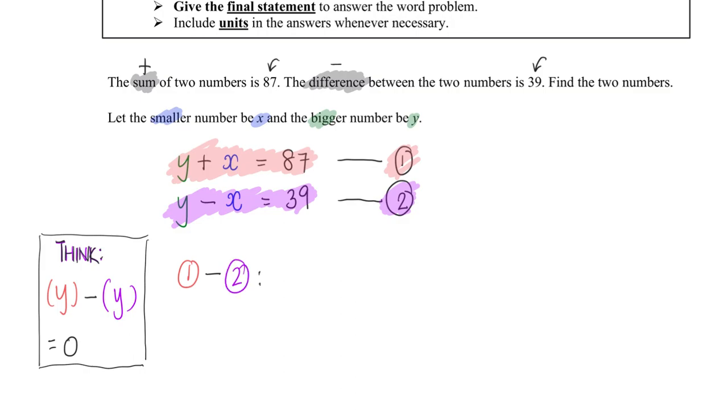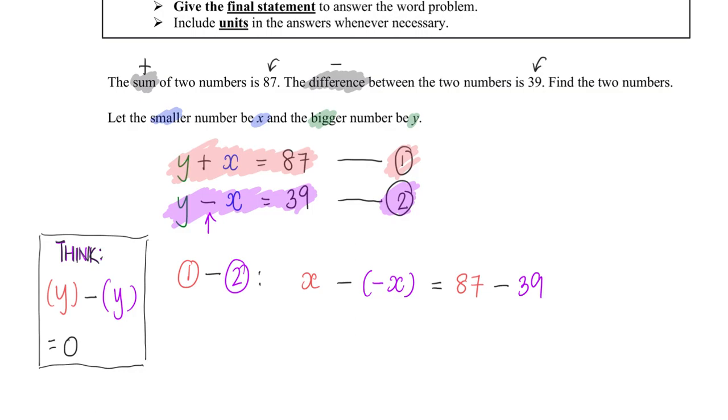Okay, so I will have my x positive minusing my negative x in my second equation. And this will be equals to my 87 from the first equation minusing my 39 from the second equation.